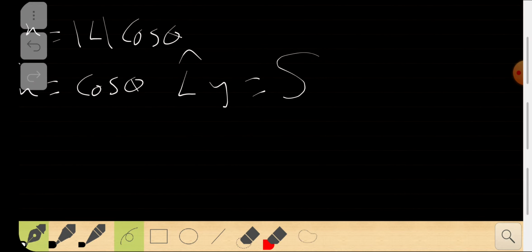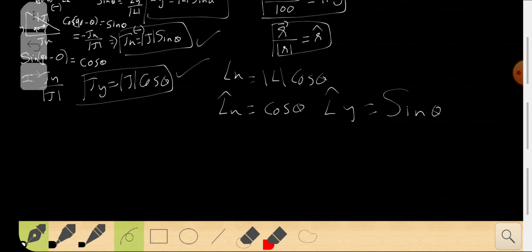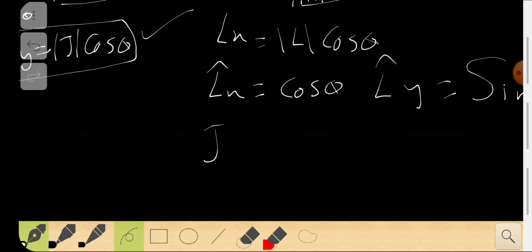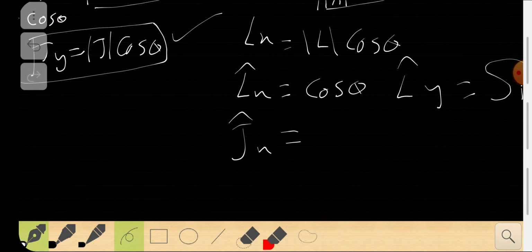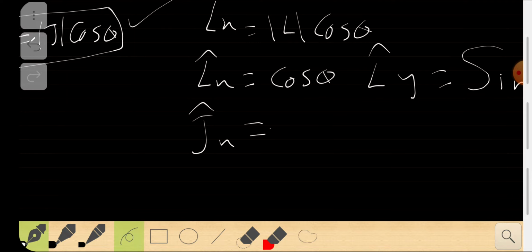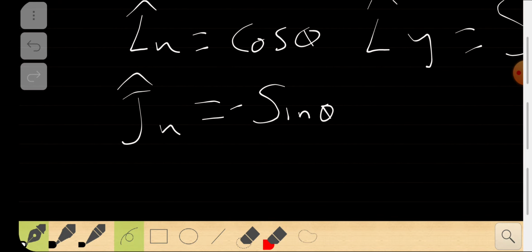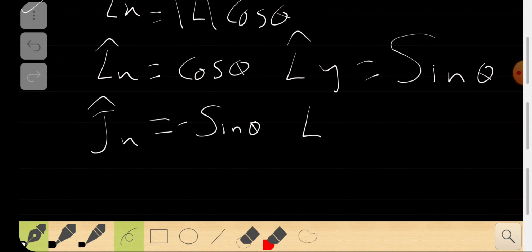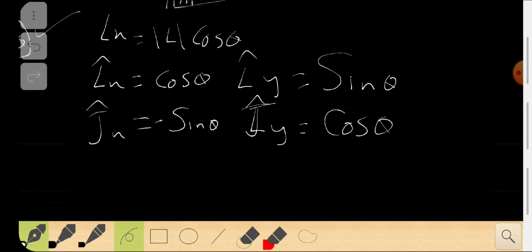And jx cap is equal to minus sin theta, and jy unit vector will be cos theta, right?